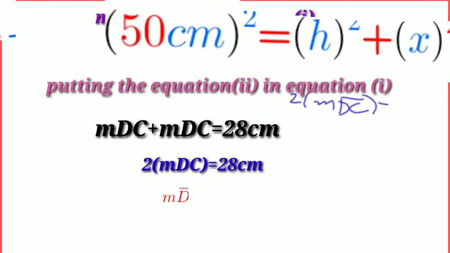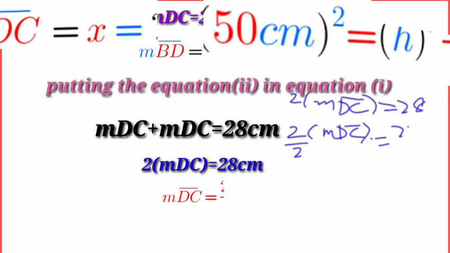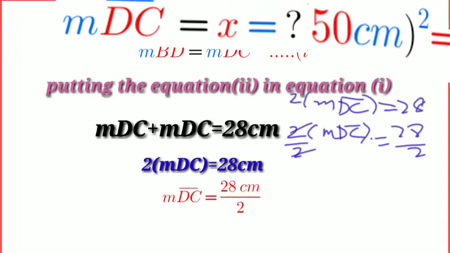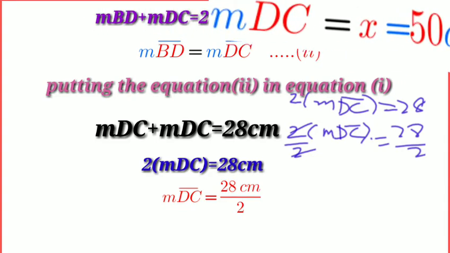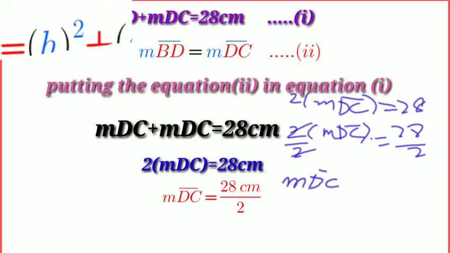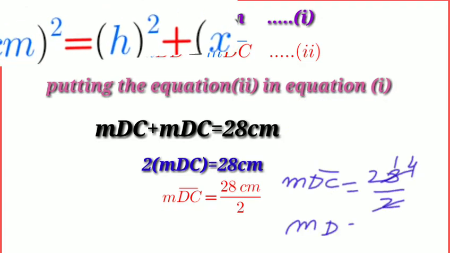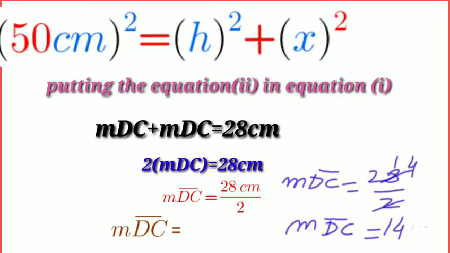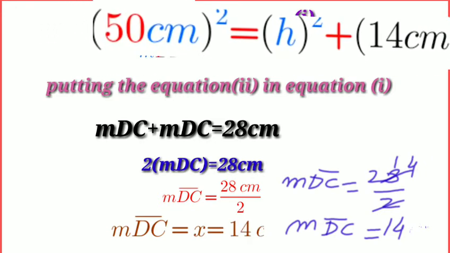Dividing both sides by 2, the value of DC is equal to 14 centimeters.